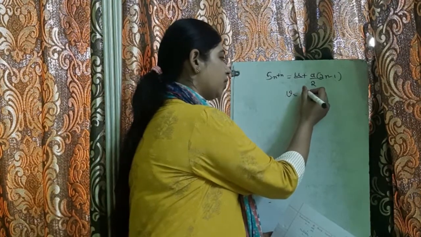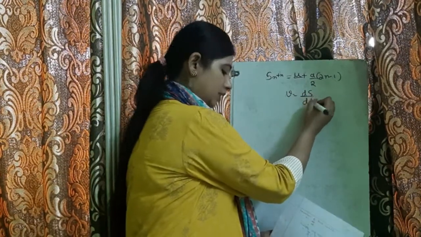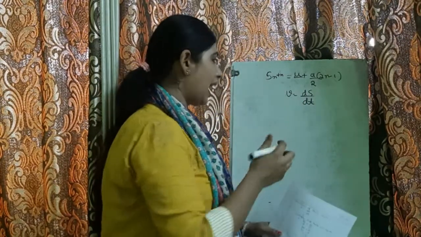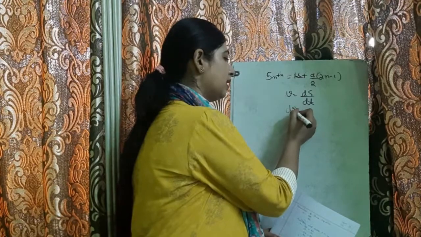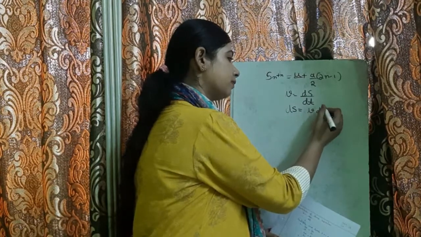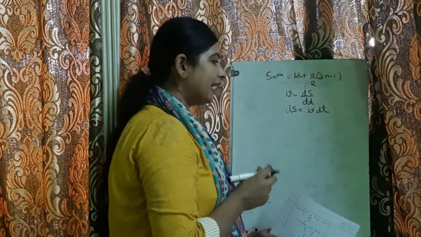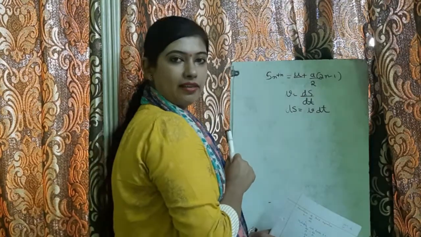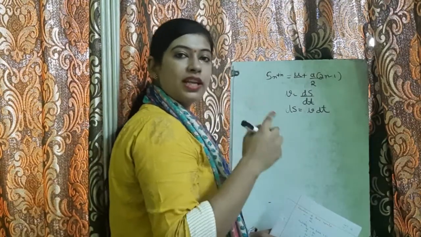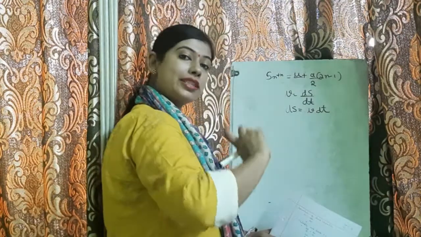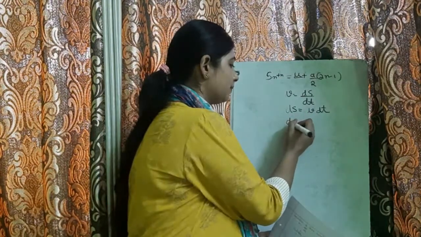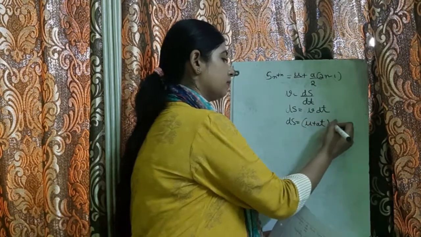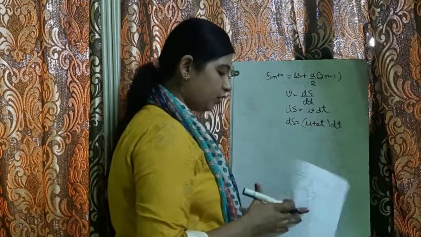v is equal to ds upon dt and we will have ds is equal to v dt. अब जो हमारी term है it doesn't contain v, so we'll substitute the value of v from the first equation of motion, that is u plus at, into dt.